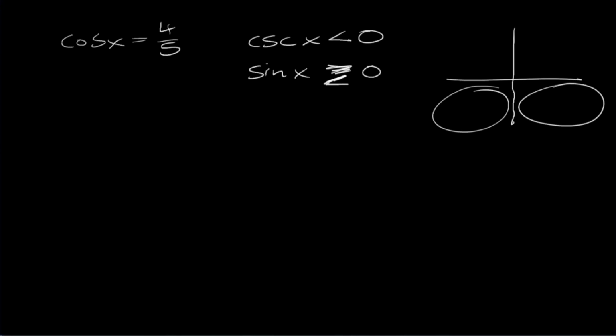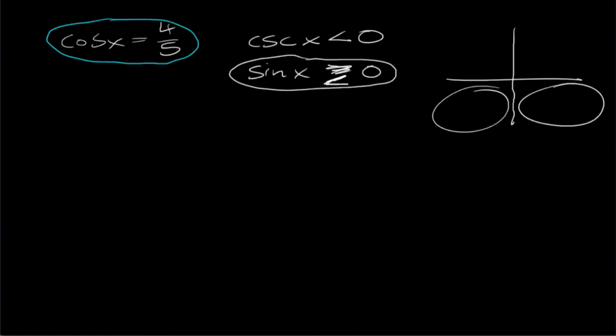Okay, so for sine, I have those 2 possibilities. For cosine, which 2 possibilities do I have? Quadrant 1 or quadrant 4. So what is the quadrant I have to be in? Quadrant 4.